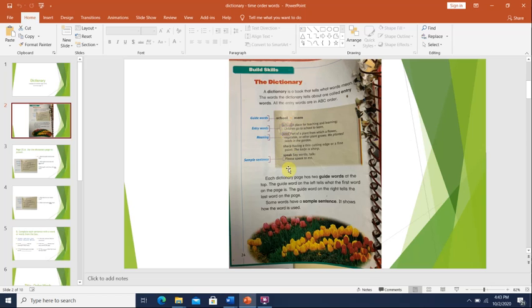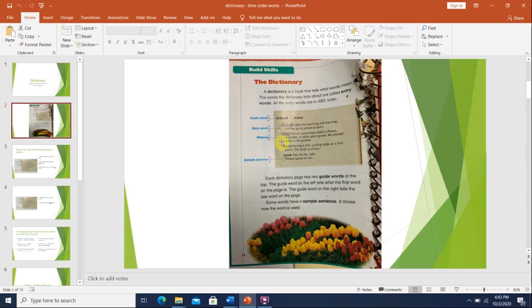These are the words that you will read the meaning of. After the entry word, you'll find the meaning or the definition. After the definition, you'll find the sample sentence. The sample sentence is the sentence that shows you how to use this word in a sentence.